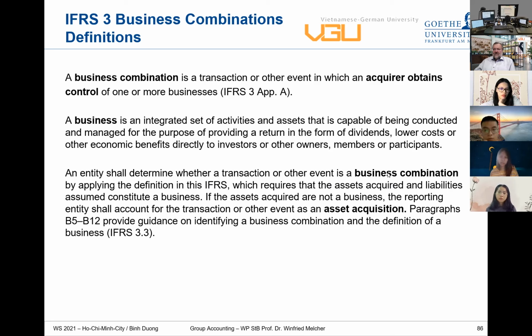That is a difference between when you buy a company that is running, and it has customers, it has suppliers, and it has a process within the company of generating profits, then this is a business. When you only buy maybe the fixed assets of a company and assume some liabilities for that, this is not a business combination. That is what it says.